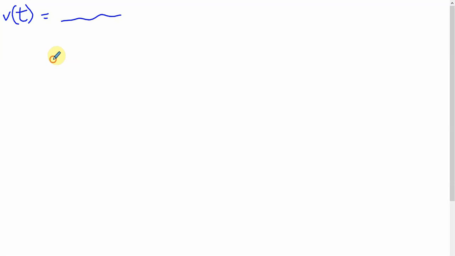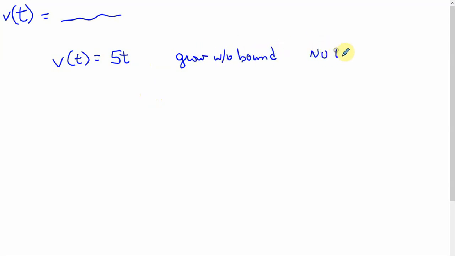If v of t is just something like 5t, a really simple formula, then if you plug in bigger and bigger numbers for t, you're just going to multiply by 5. That's just going to get bigger and bigger, of course. So this will grow without bound, and in particular it has no limiting value.